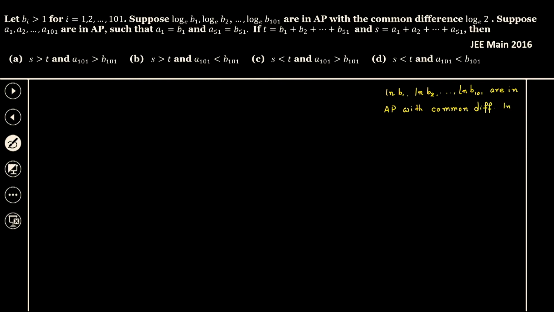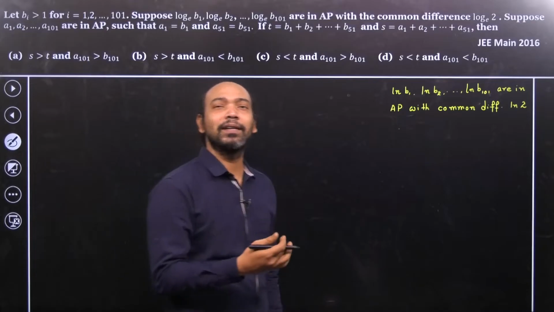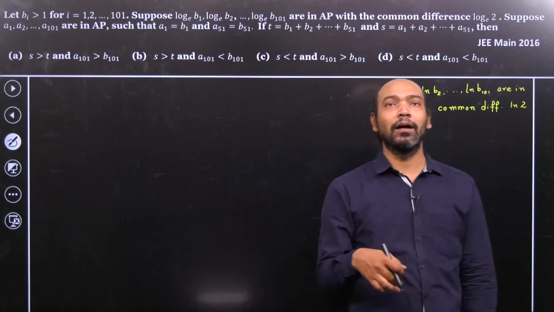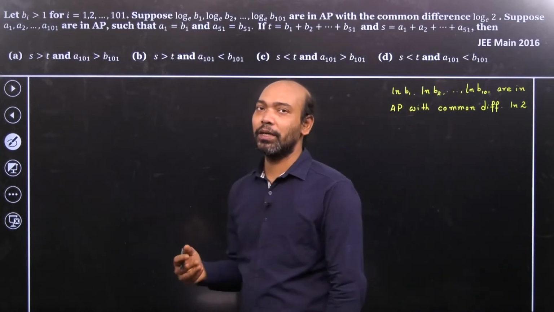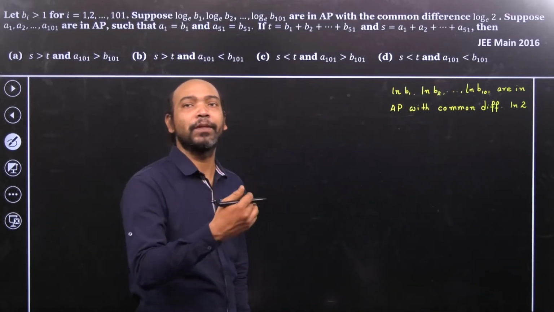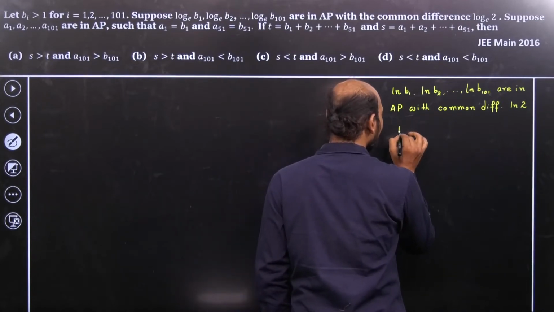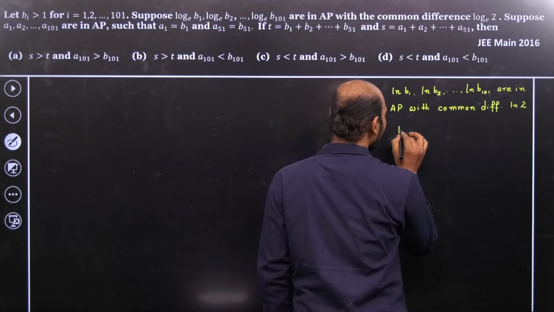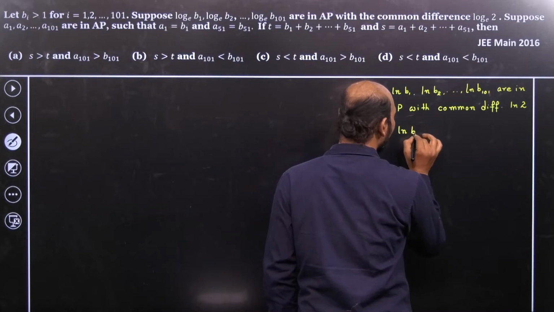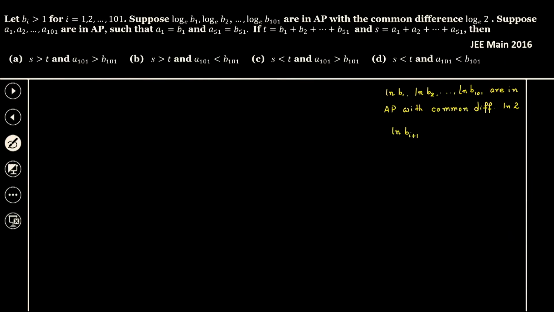log of 2. So here, instead of log we just convert it to ln, because that's the normal interpretation we use, right? Because ln stands for log base e. Now let us take two arbitrary elements. They are in AP, so it is obvious that log of b(i+1) minus log of b(i) is definitely equal to ln of 2.